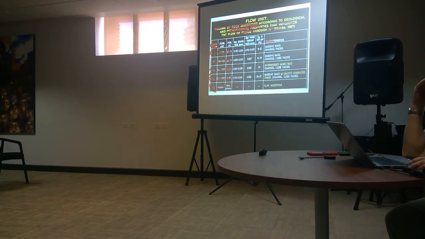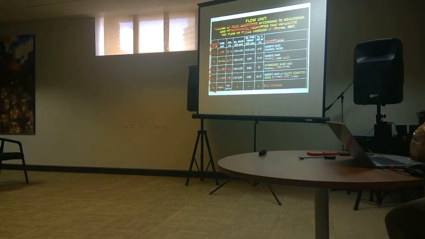And then various geological qualitative characteristics: massive sand, channel facies, channel and some lobe facies, and a massive claystone and mudstone. So those were my flow units.